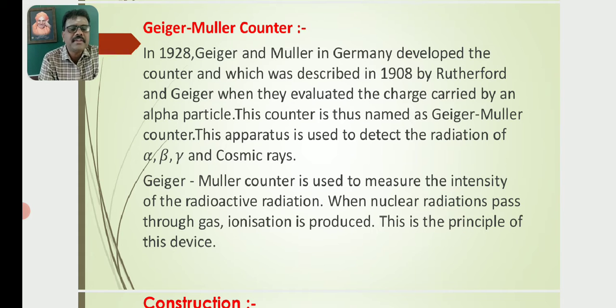When the radioactive radiations, say nuclear radiations, are made to pass through certain gases, then it produces ionization. So this is the principle of the Geiger-Muller counter.